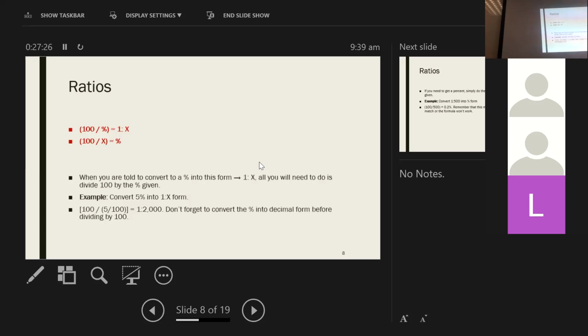Okay, so when you have something like this, let's write it as a fraction. 100 over x equals your percentage, right? Does that make sense? It should make sense.